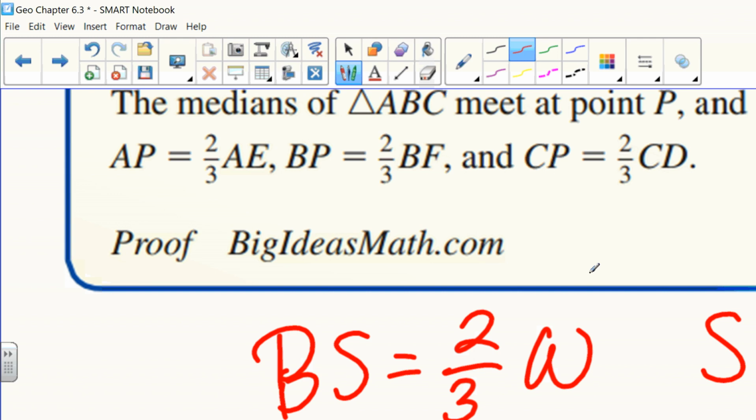So our bigger section is 2/3 of the whole. Our smaller section is 1/3 of the whole. And then we can say that the bigger section is equal to twice the smaller, or the smaller section is equal to half of the bigger section. And this will work for any centroid. Any questions on this here?